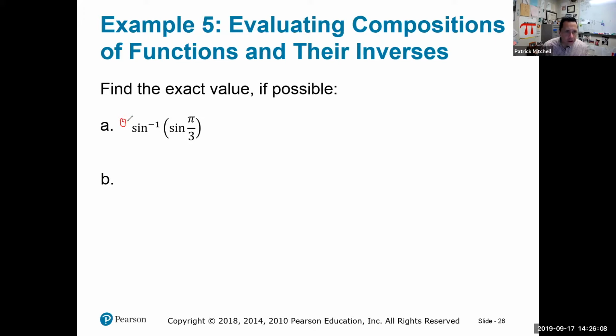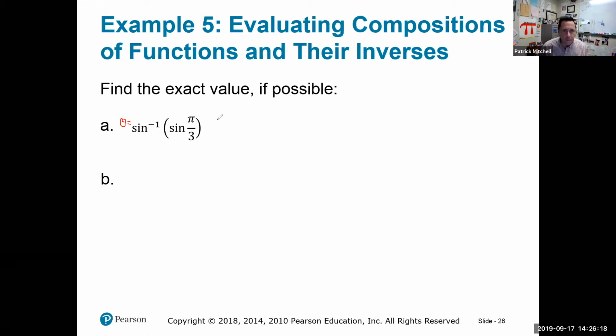What is an angle that has the same sine as pi over 3? And remember that this angle has to be in the interval between negative pi over 2 and pi over 2. Well, the good news is pi over 3 is already between negative pi over 2 and pi over 2. So this one is sort of the easiest kind you can get. The inverse sine of the sine of pi over 3 is just pi over 3.